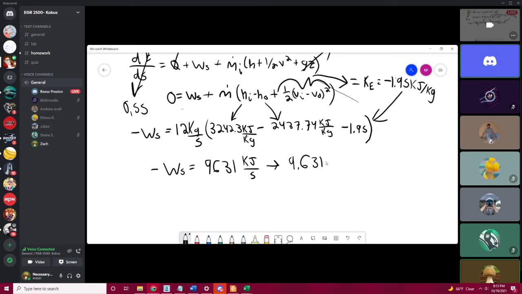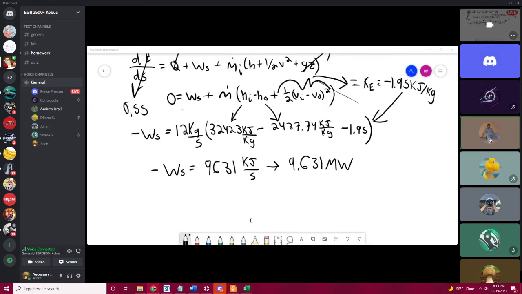Megawatts and kilowatts, that's the same thing. Actually, is kilowatts a thing, or is it always megawatts? There's kilowatts, but are megawatts and kilowatts the same thing? No, they're not. I think one's negative and one's positive. I don't know, but I know mega is 10 to the 6 and kilo is 10 to the 3.